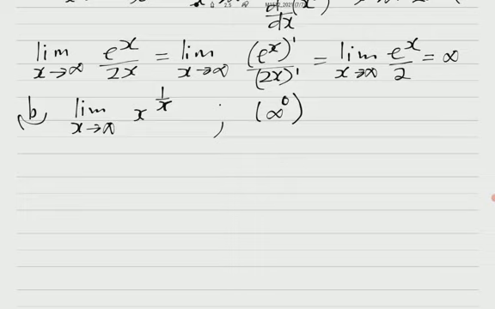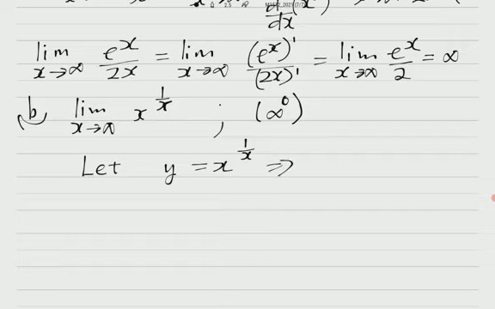So what we can do now, you can say let y be equal to x to the power 1 over x. We hope that if we can bring 1 over x down here, we may get a simple expression. And the only way to do that is to apply logarithm on both sides, or ln on both sides.